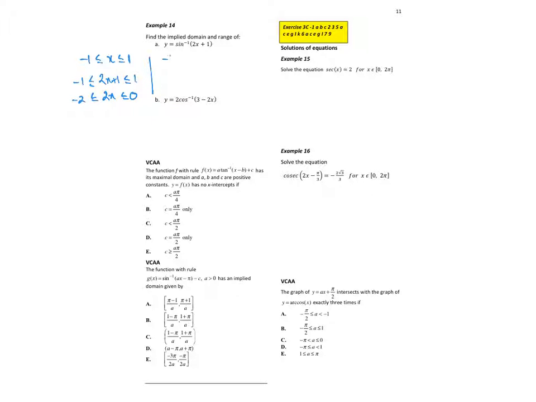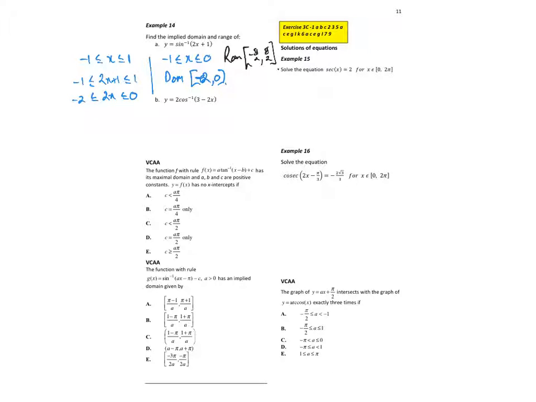Divide by 2, we get -1 is less than x, which is less than 0. So a domain of -1 to 0. And the range hasn't changed. So my range for my sine graph is still from negative pi on 2 to pi on 2.